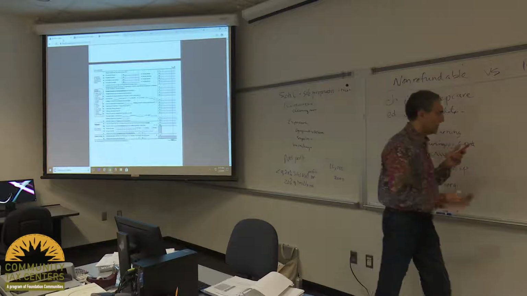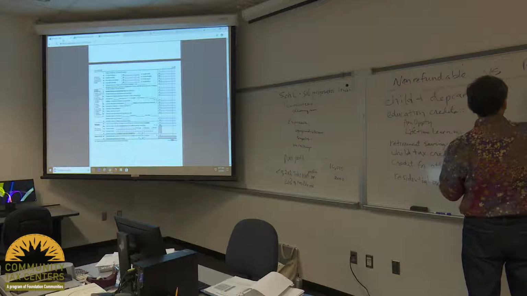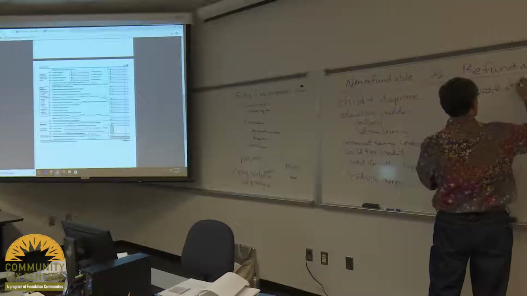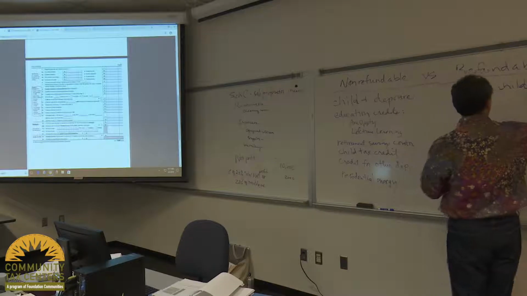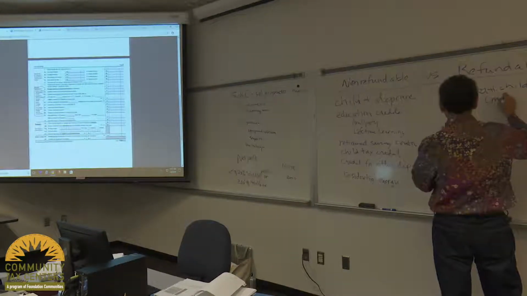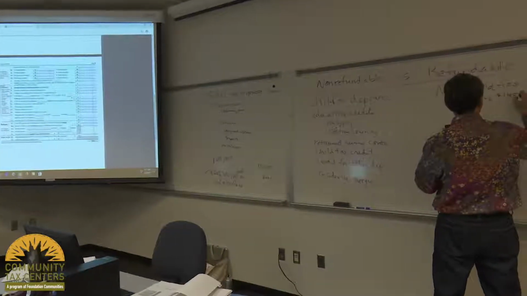And then over here, you've got your additional child tax credit, max of $1,400 per child.